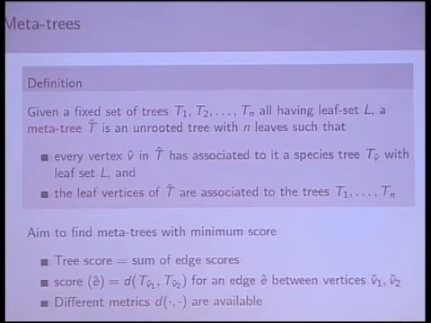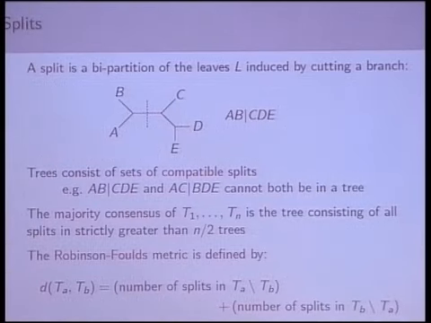Right? So I have this metric D that says how similar my two trees are, and then I give the edge that score. There are a number of different metrics that we could use there. So for simplicity and for algorithmic reasons, I'm going to concentrate on the Robinson-Folds metric.